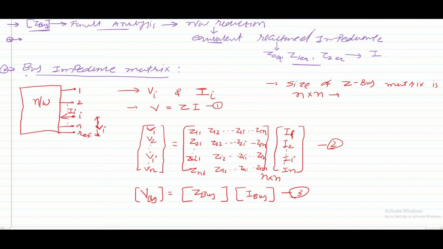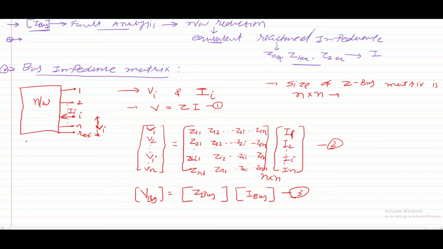Repeat it again. Here, simple, the understanding of the bus impedance matrix. For that we have considered a network where n number of buses are given. We randomly select bus number i, where the voltage at bus i with respect to reference is Vi, and the current injected by the ith bus into the network is Ii.